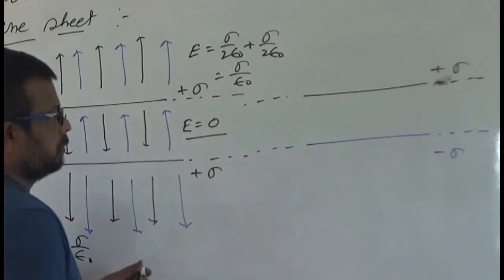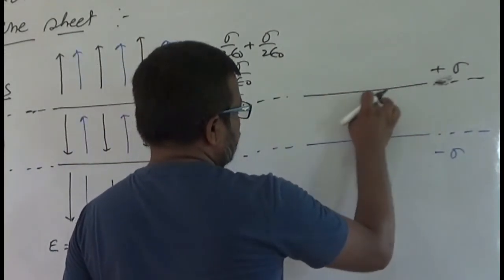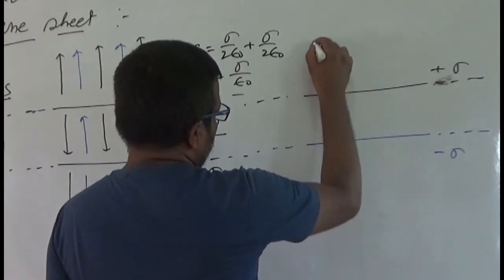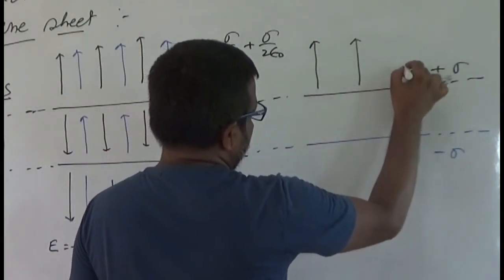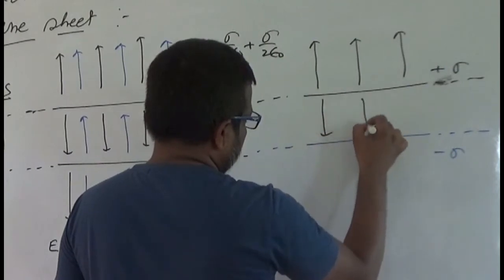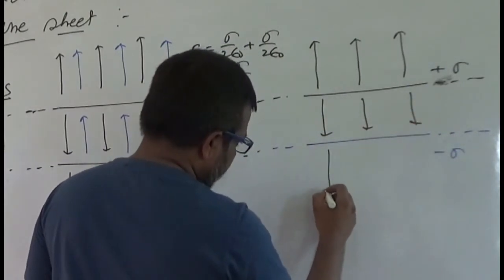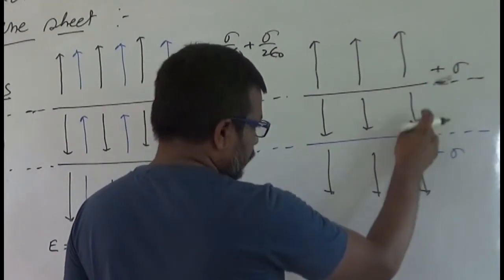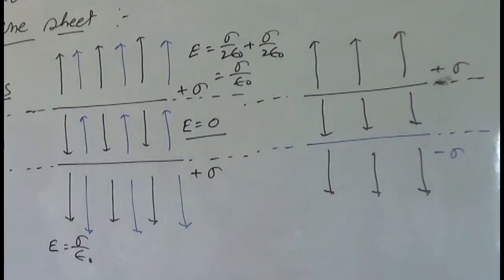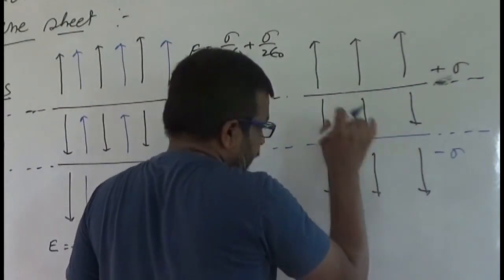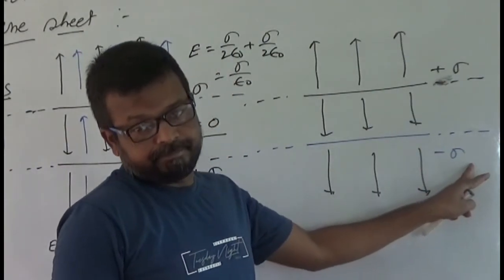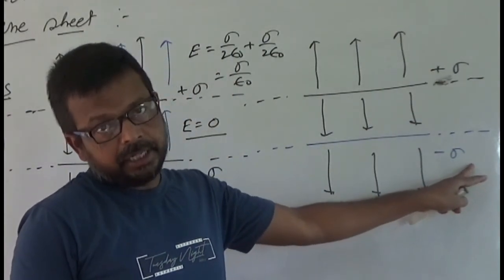Then the field lines due to this positively charged plane sheet will be going away. In this region also, the field due to this plane sheet will be going away. And the field due to this plane sheet, which is charged with negative charge, clear?